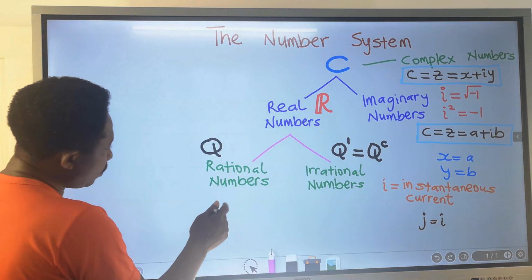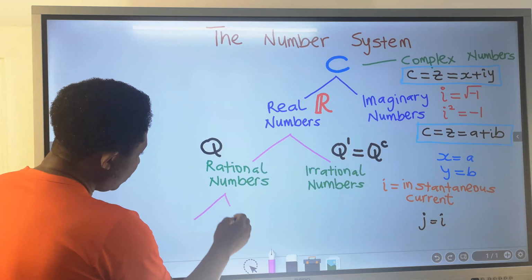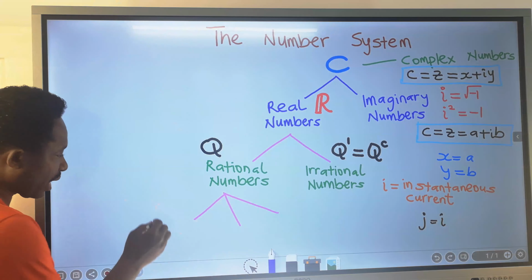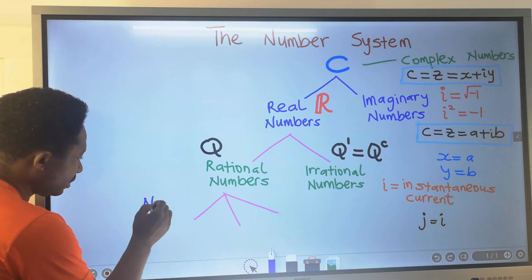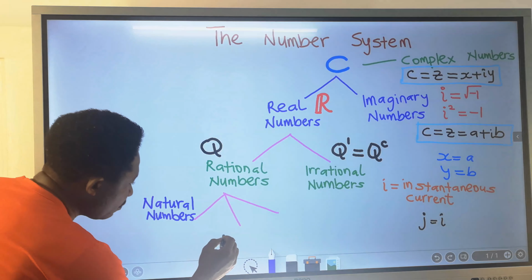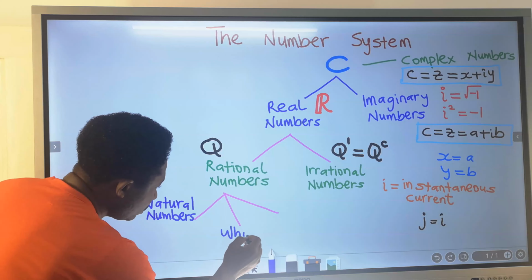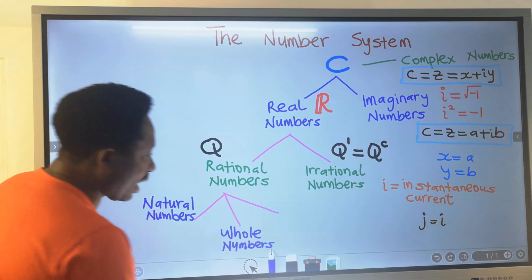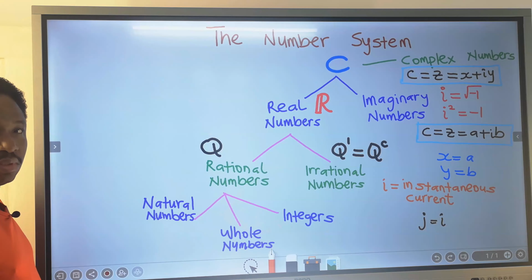Furthermore, rational number is divided into three parts. We have natural numbers. Next, we have whole numbers. And we have integers.